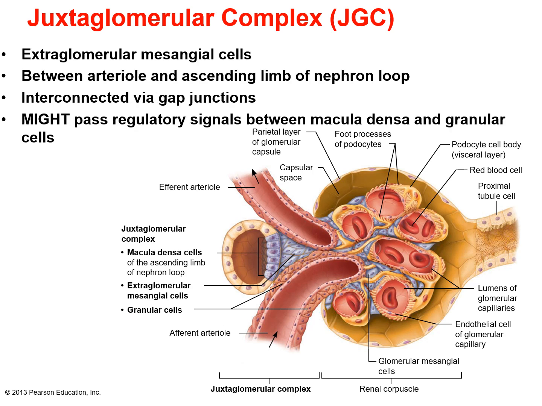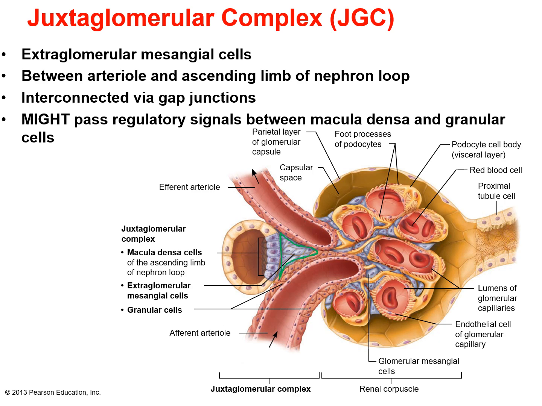And last but not least, the last type of cell that we need to worry about for your juxtaglomerular complex are the extraglomerular mesangial cells. These are located between your arteriole and the ascending limb of the nephron loop. They are cells that are kind of filling the gap between those two structures.